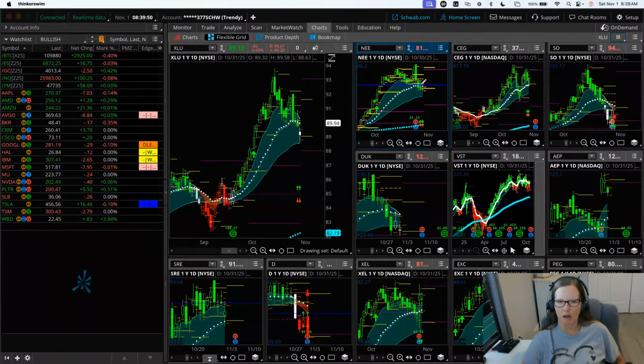We expect chop inside of this cloud. So what I would do, if I'm expecting some potential choppy conditions once price gets to this buy zone down here, is buy extra time. So maybe rather than buying the November monthly expiring options, I would buy December's options.